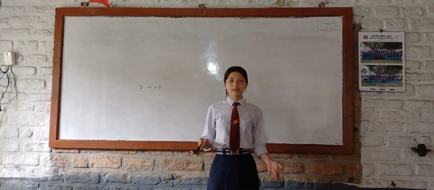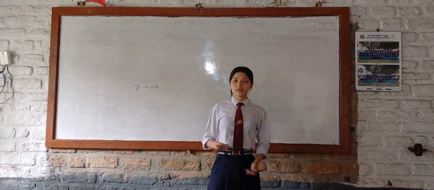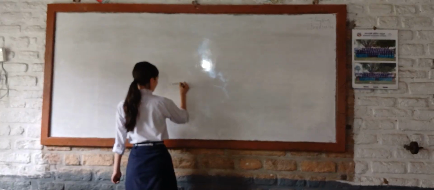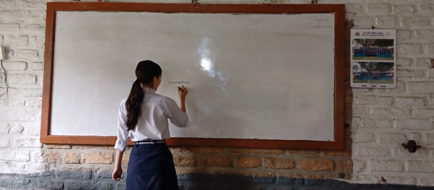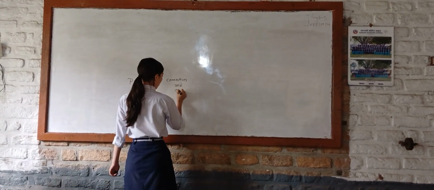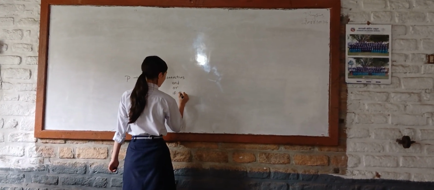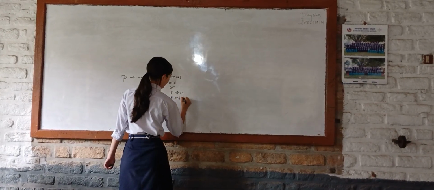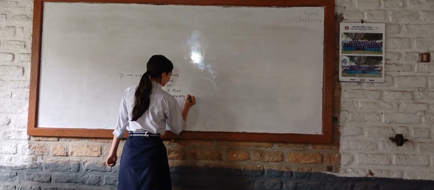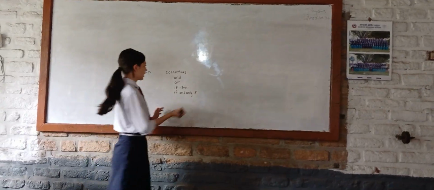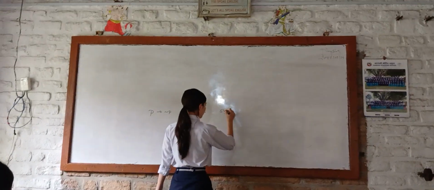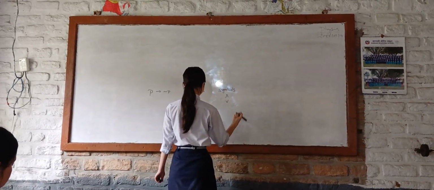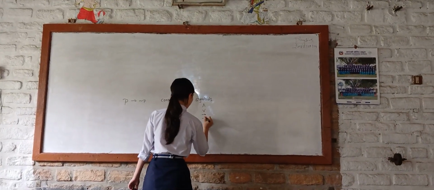In our logic, there are four kinds of connectives. Connectives are and, or, if then, and if and only if. There are symbols for these also.